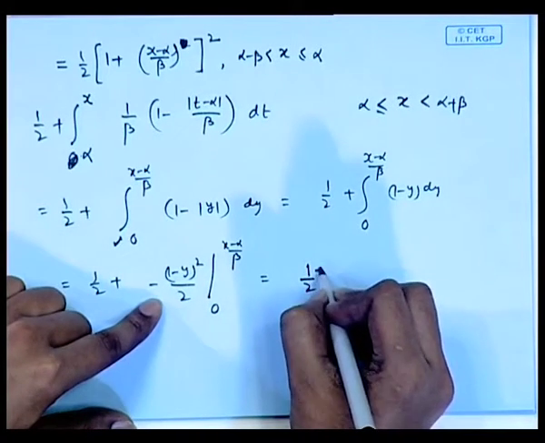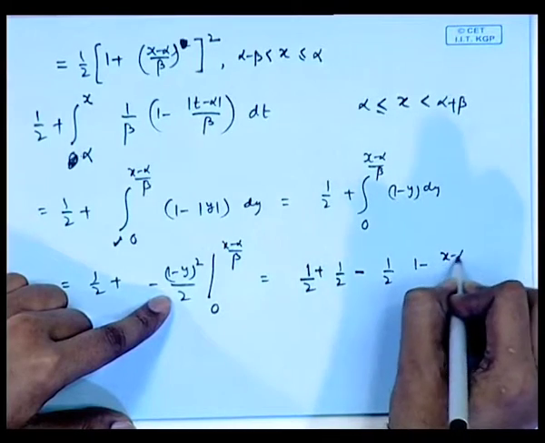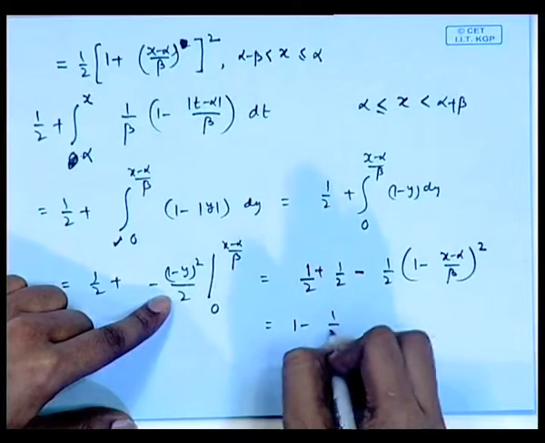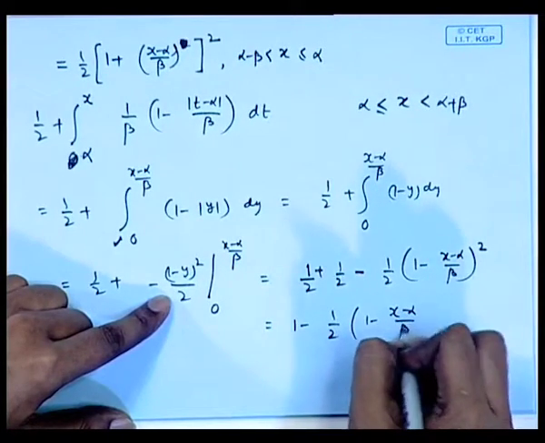At 0 this value is half, so it equals 1 minus half of (1 minus (x minus alpha) by beta) square.